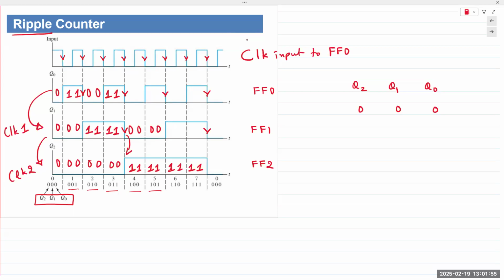So what do you mean by reading from the bottom up? Reading from the bottom up means you're reading Q2 as the most significant bit. So you're reading it in this direction: Q2, Q1, and Q0.